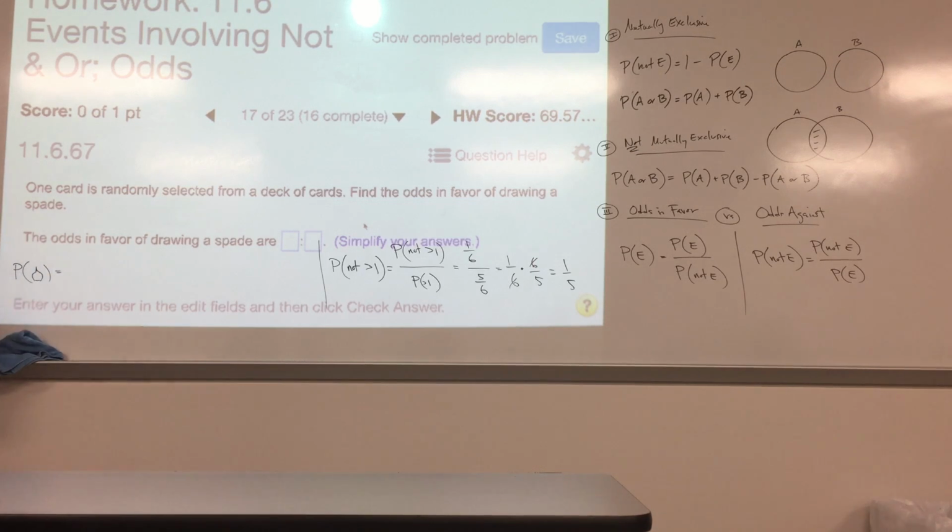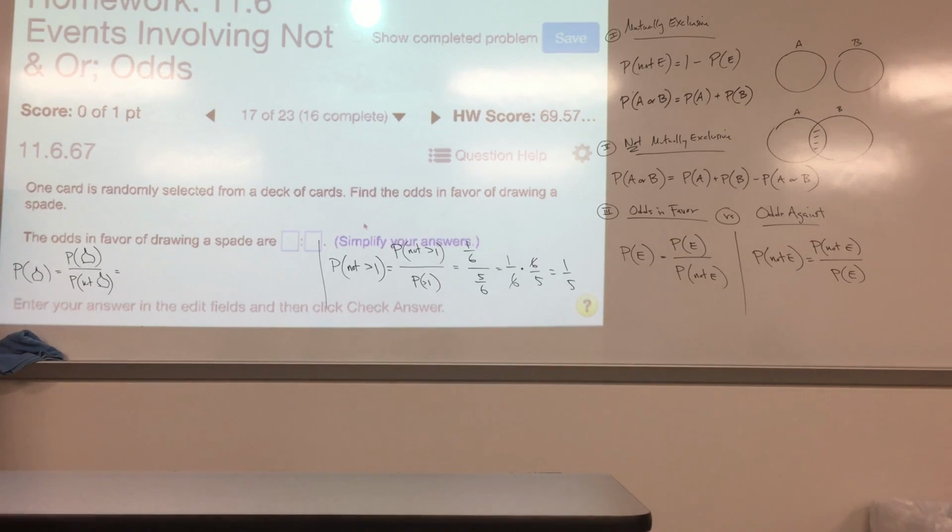So the odds in favor of drawing a spade, to be more articulate about it, means we need to find the probability of actually getting a spade over the probability of not getting a spade. It's probably the worst spade drawn.